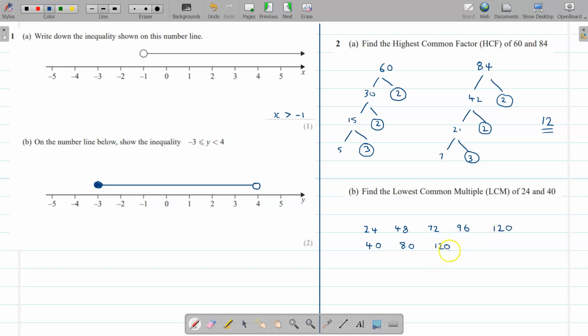So the lowest common multiple is 120. Okay, is appearing on both of them. So you just need to make that clear in your answer there. Okay, so that's 4 marks there for those 2 parts.